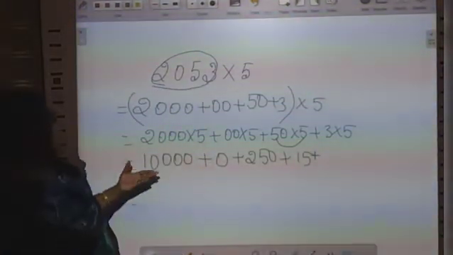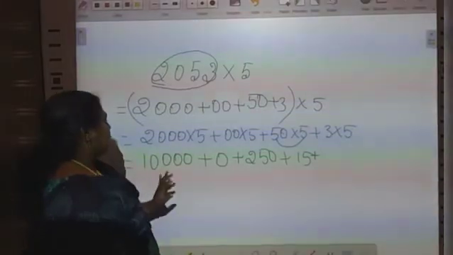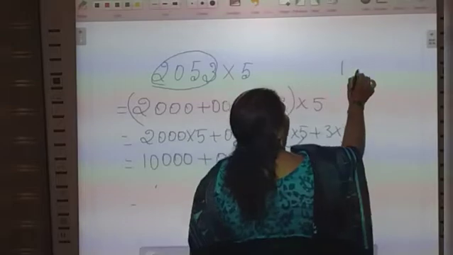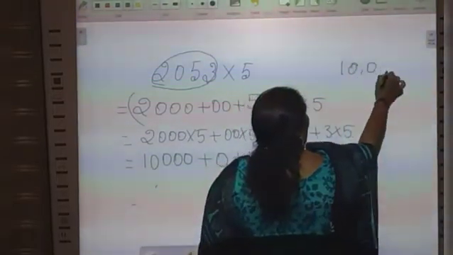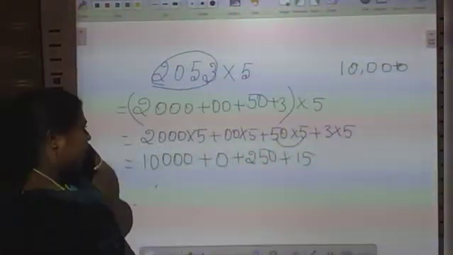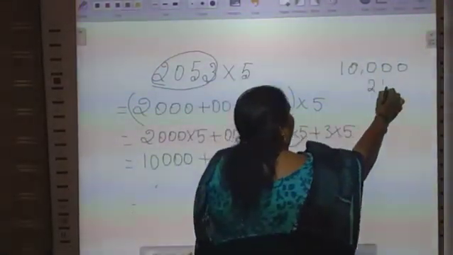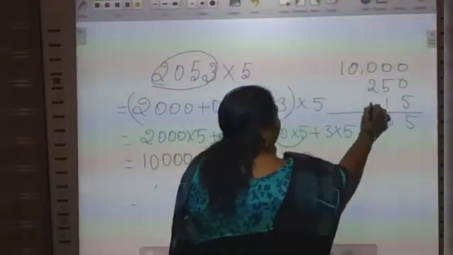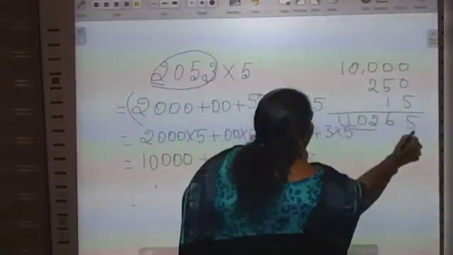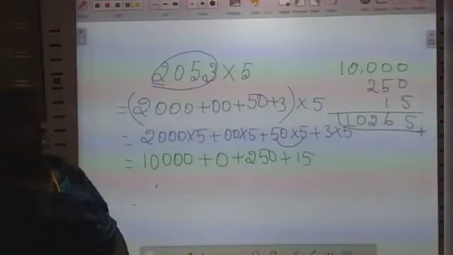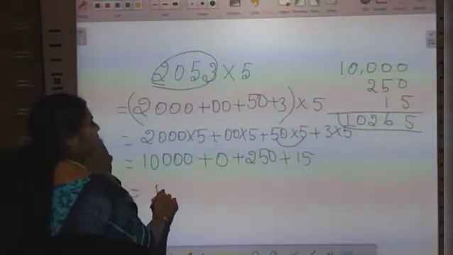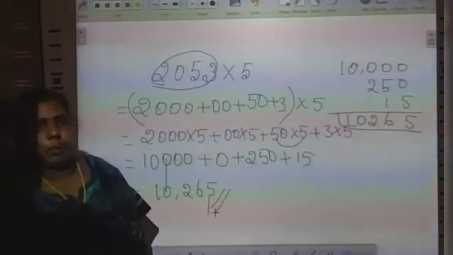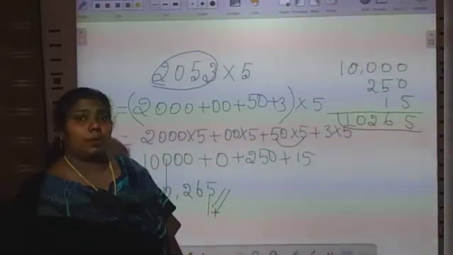Next step, we add these values: 10,000 plus 0 plus 250 plus 15. What is the answer? 10,265. This is the distributive property. Do you understand?